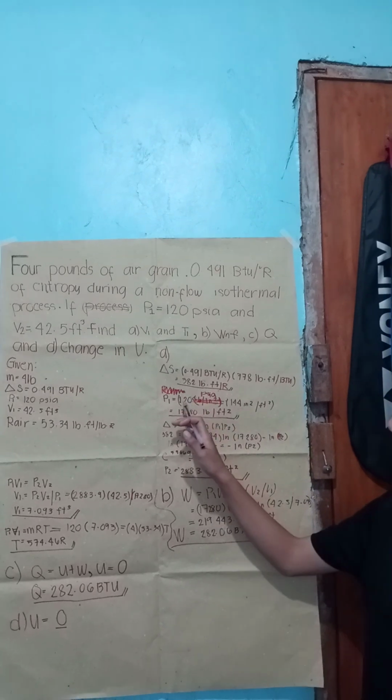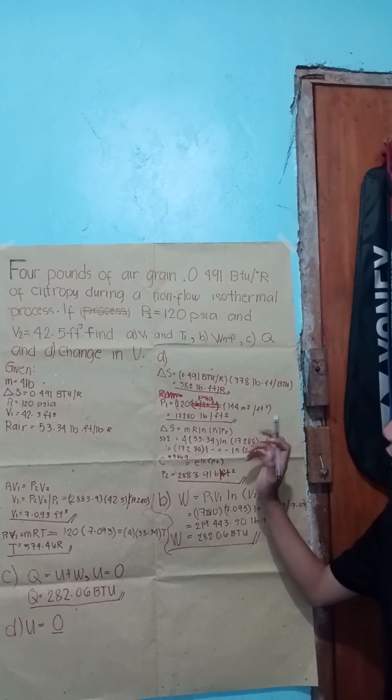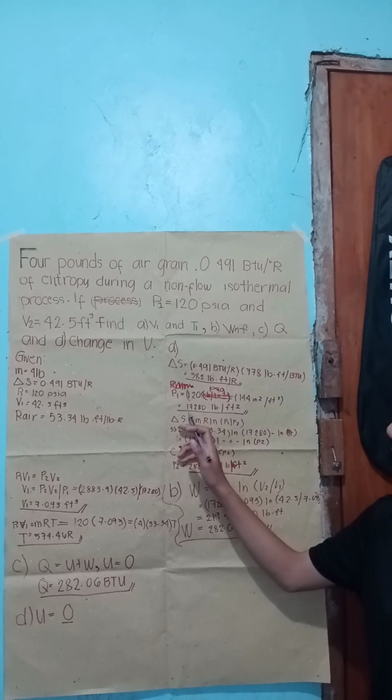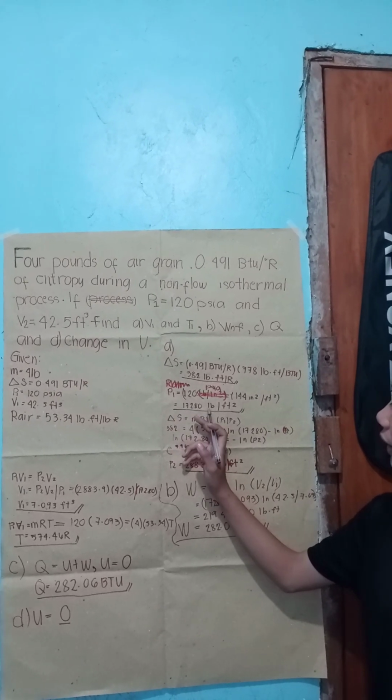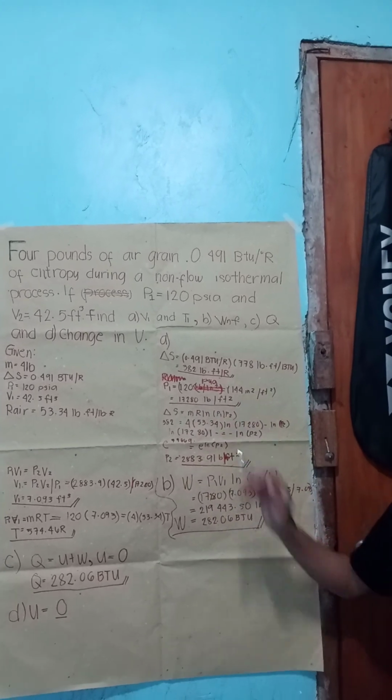So we will be multiplying this one by 144 square inch, and we end up with the answer, which is 17,280 pounds per square feet.